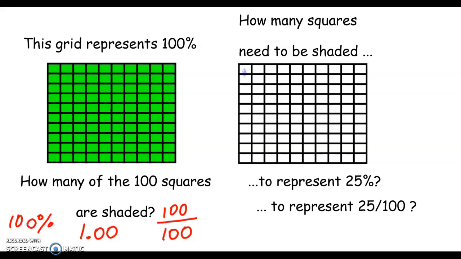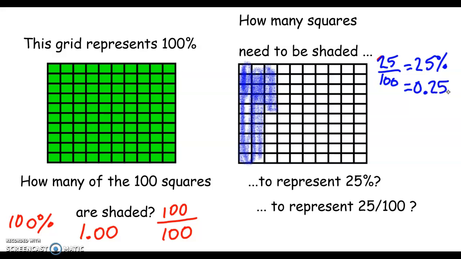If I grab my crayon, there's 10 here. 10, 20, 1, 2, 3, 4, 5. 25 out of 100. So that blue would be 25 squares out of 100, which is the same thing as writing 25%, which is the same thing as writing 0.25.